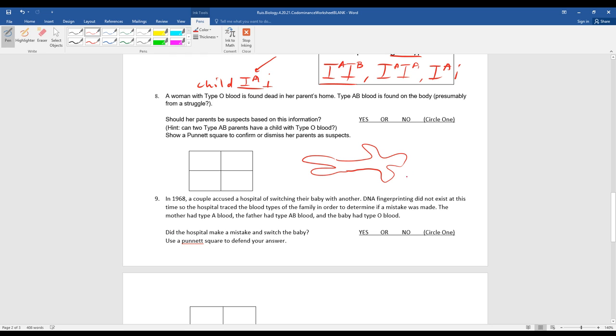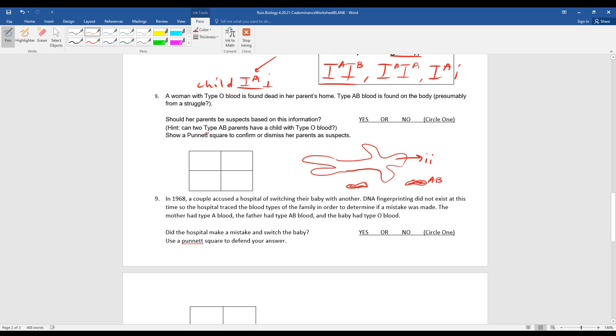Okay, so we know that her blood is type O, and so she has little i, little i. Type AB, though, is found, let's say there's like some pools of blood, and it is type AB, okay? This is like found at the crime scene. And so it says, should her parents be suspect based on this information?